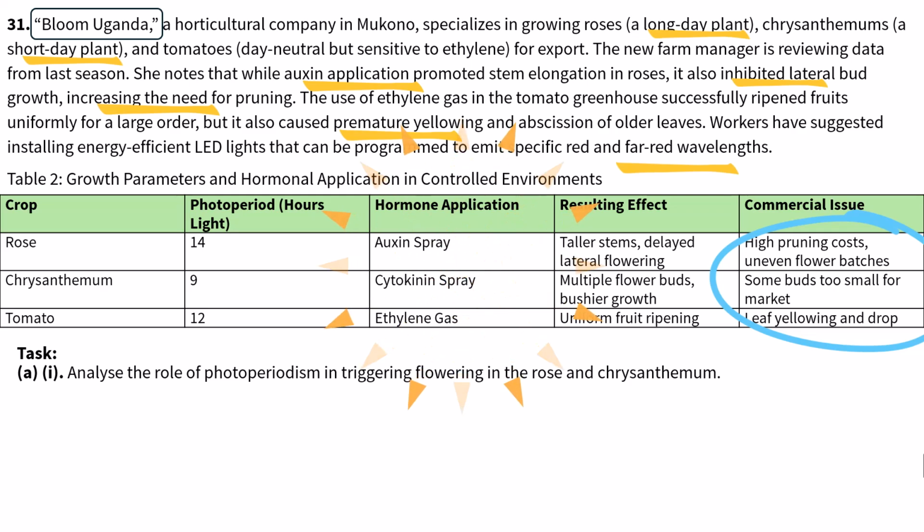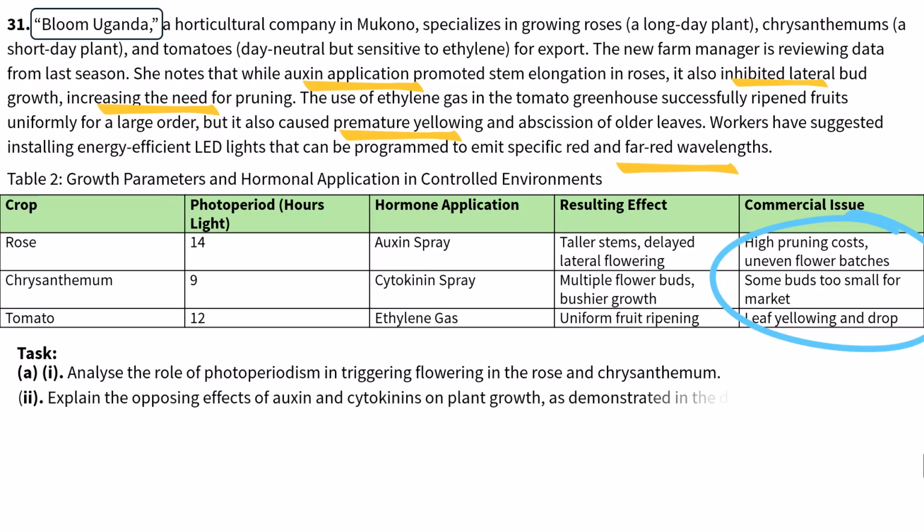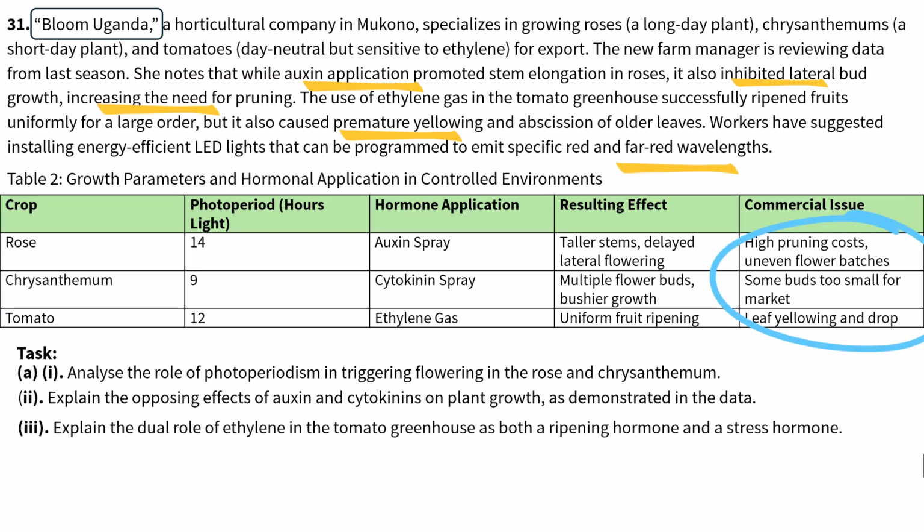Task. Part A, Roman numeral 1. Analyze the role of photoperiodism in triggering flowering in the rose and chrysanthemum. Roman numeral 2. Explain the opposing effects of auxin and cytokinins on plant growth, as demonstrated in the data. Roman numeral 3. Explain the dual role of ethylene in the tomato greenhouse as both a ripening hormone and a stress hormone.